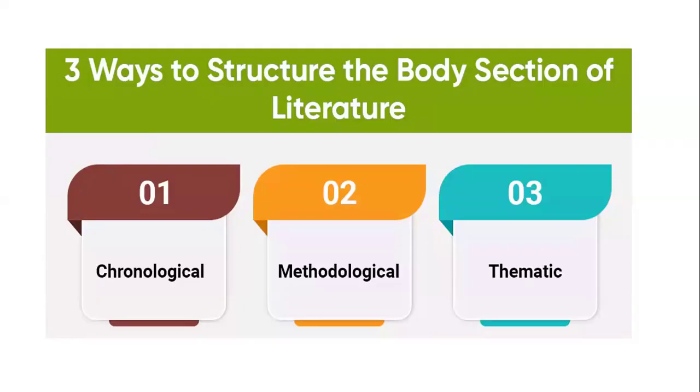Okay. And when it comes to chronological, you have to discuss literature in chronological order. You have to show development and evolution of ideas over time. You have to highlight how understanding or approaches have changed with time.